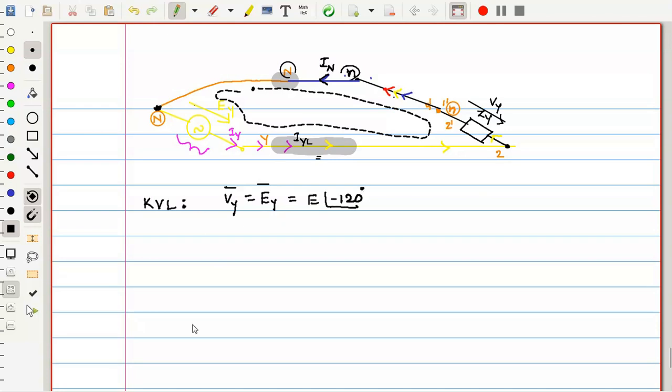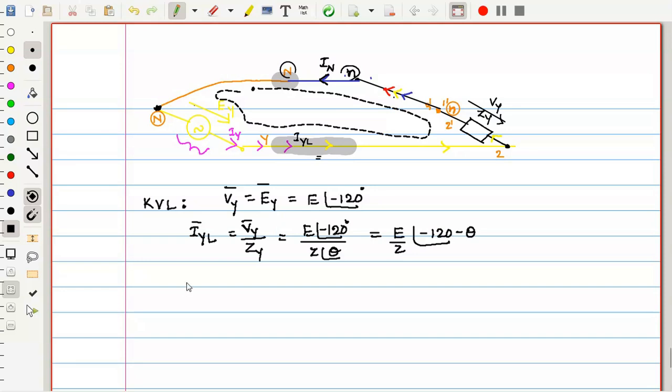I am writing directly now. And once we know this, the IYL current is equal to VY phasor divided by ZY. We know ZY is equal to Z at an angle theta, and this can be written as E at minus 120 divided by Z at an angle theta, which is equal to E by Z magnitude, angle is minus 120 minus theta.